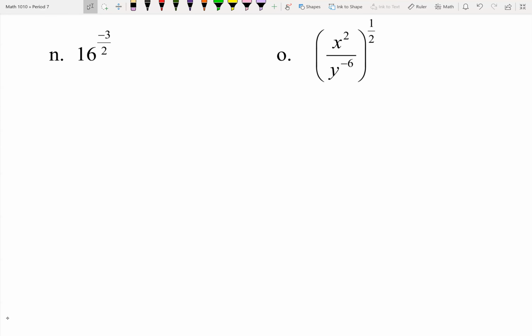This is hard to understand what I'm about to say, so listen. What do you notice immediately? Negative exponent, right? Now I'm going to ask you, is the negative on the top or the bottom? I am not asking you on that guy, is the negative on the top or the bottom?